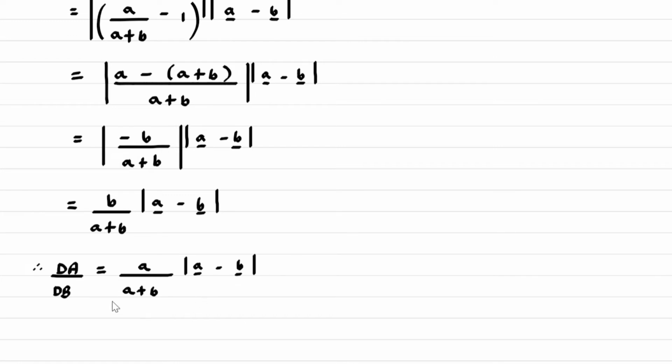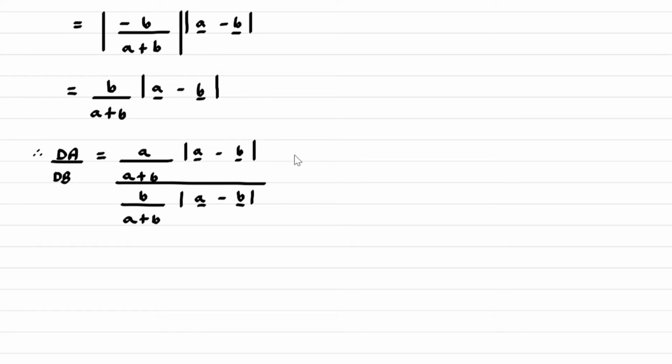and then I'm going to divide this result by b over a plus b times the magnitude of a minus b. And happily for us, that just leaves a over b.